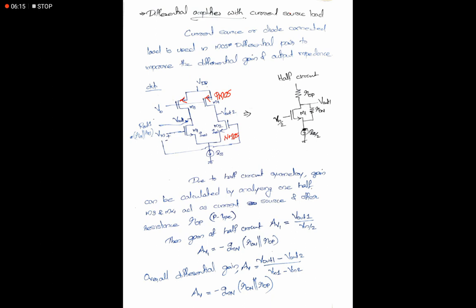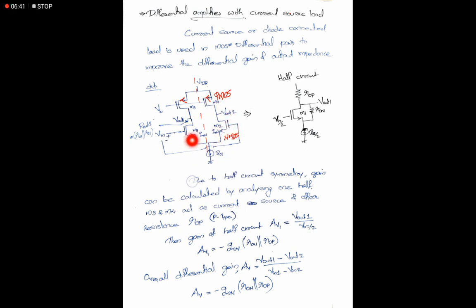The analysis of this current source load, we can do either using small signal analysis or simply using our half circuit symmetry. As per our textbook, we are just using half circuit symmetry. If this differential amplifier has half circuit symmetry, that means the left half and right half are identical.